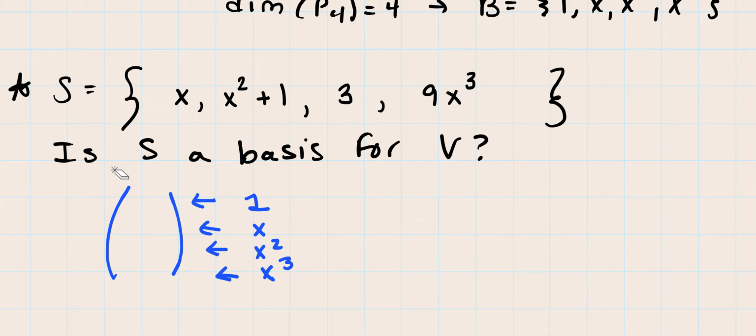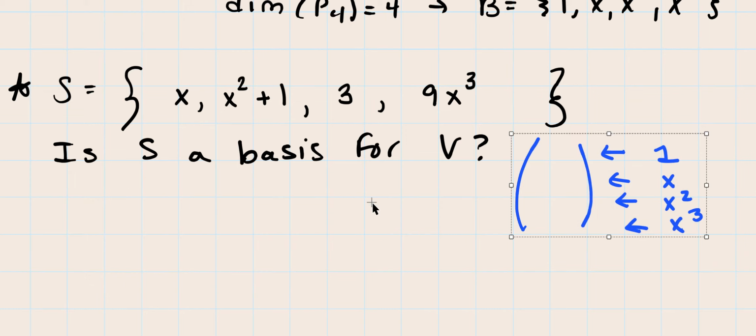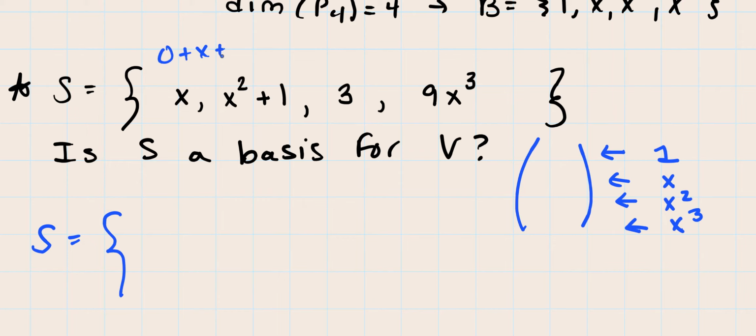So I'm going to keep this here because we're going to use it. So we can think of S in this way. We have just x, so this is 0 plus x plus 0x squared plus 0x cubed. So this would be 0, 1, 0, 0.